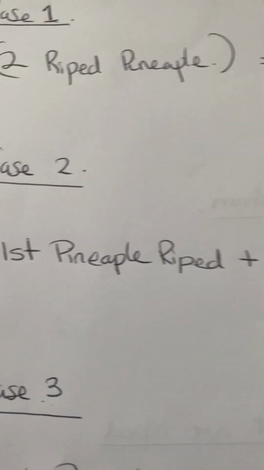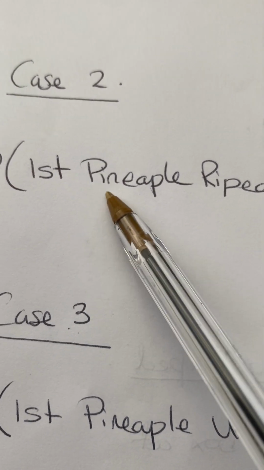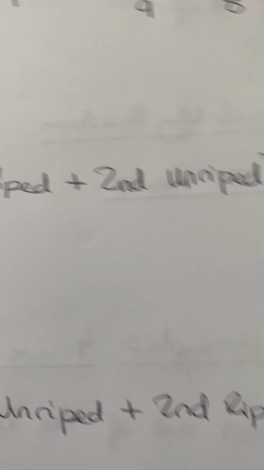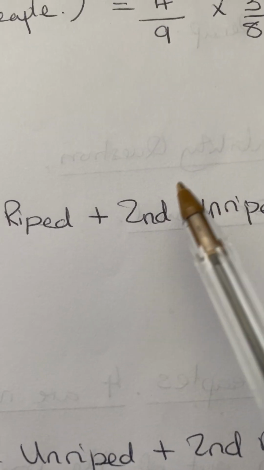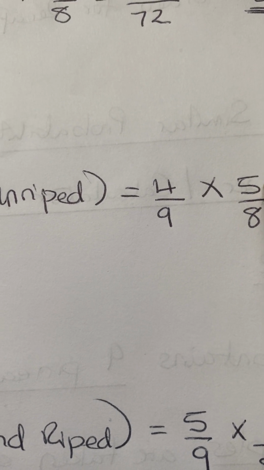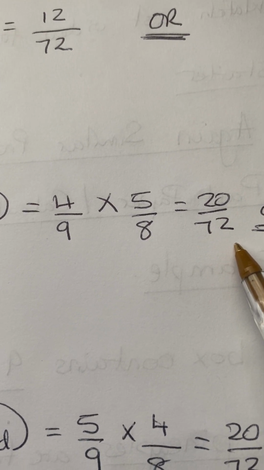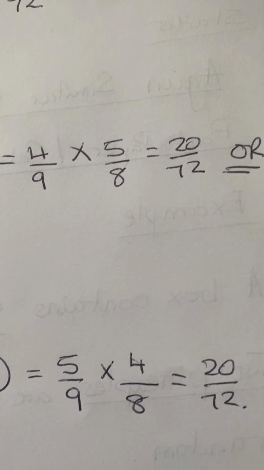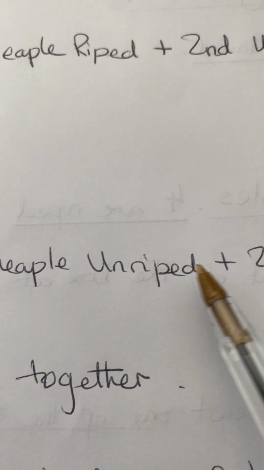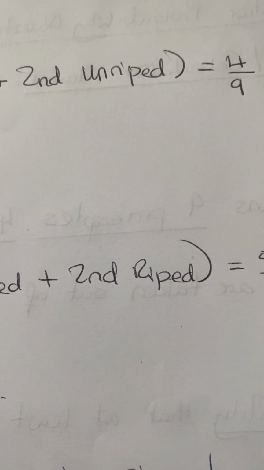Or at least 1 ripe. Case 2, first pineapple ripe, so that'll be 4/9, second unripe, 5/8. So you have 20/72. Or case 3, first pineapple unripe and second pineapple ripe.